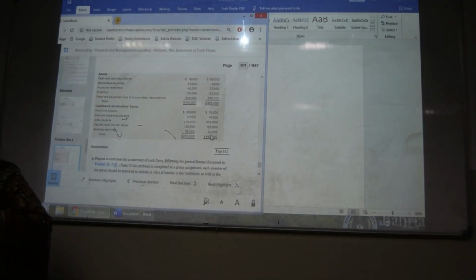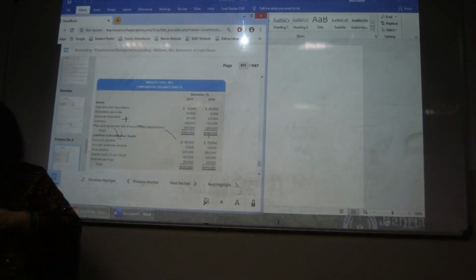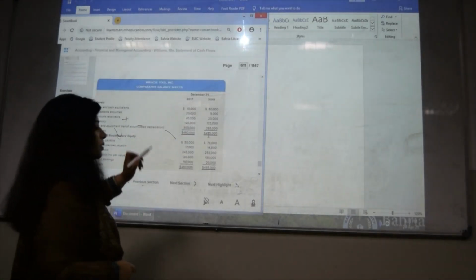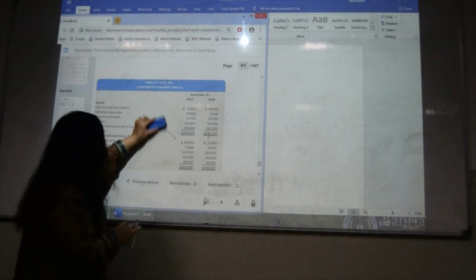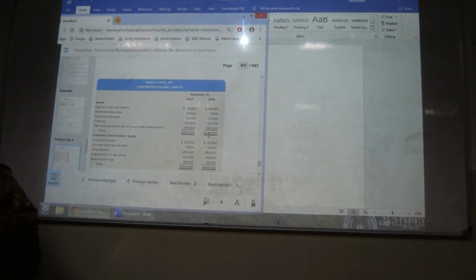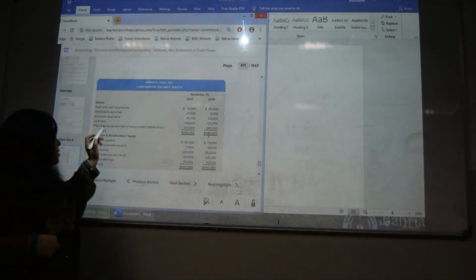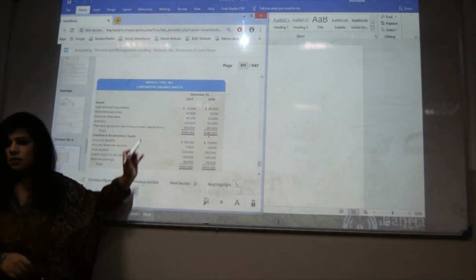Those columns will be one of debit and the other of credit. So in this question, let's see what they're asking us. First of all, read up on the balance sheet and see what the changes are. Now, cash and cash equivalents.